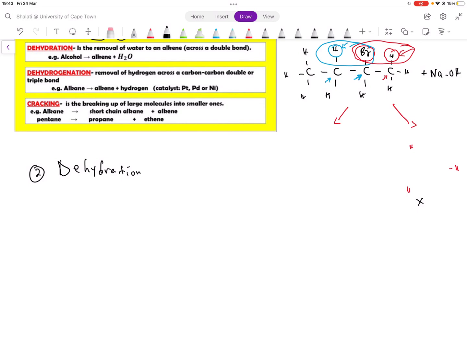Okay, so let's start. So dehydration, we'll be removing a hydrogen and an OH. So let's say here's my OH, so it means this one will come from an alcohol. So this is a propan-2-ol.